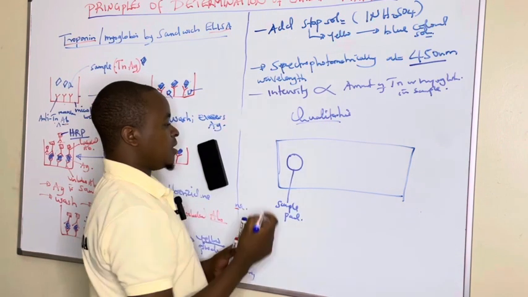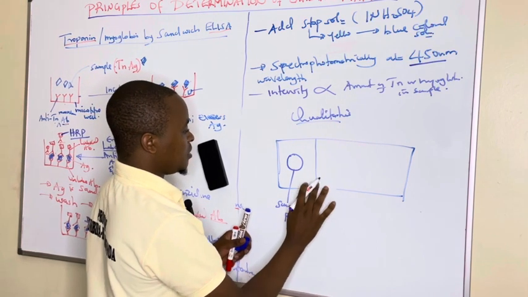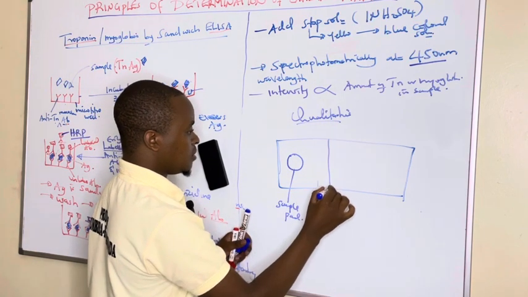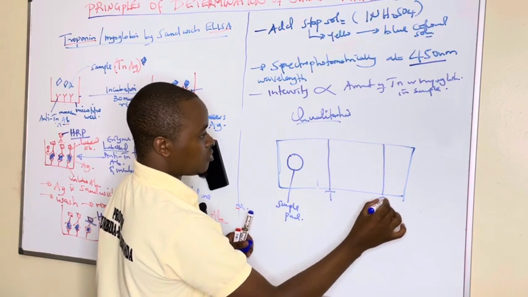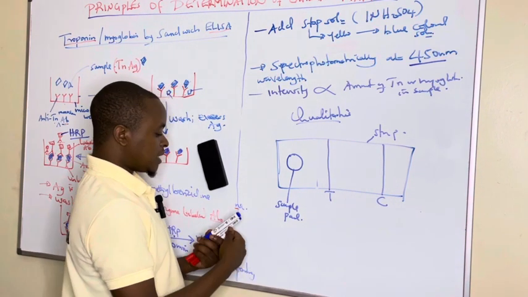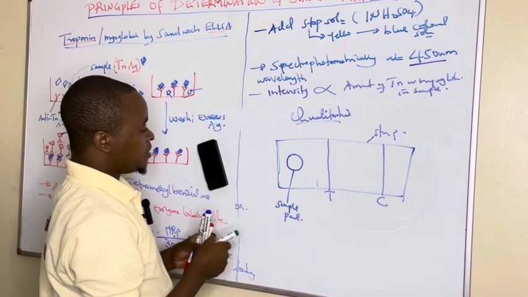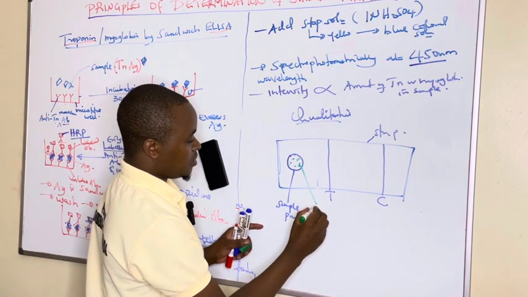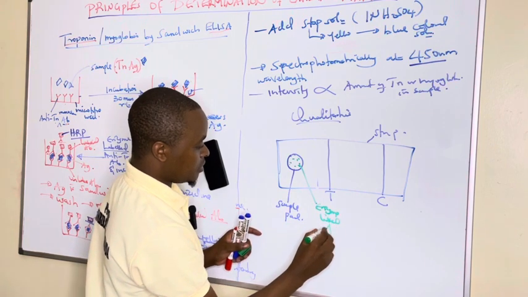But it still employs ELISA. After the sample pad, where we apply a sample, we have also the test line and the control line. This is the strip. The sample pad is conjugated with enzyme linked antibody.